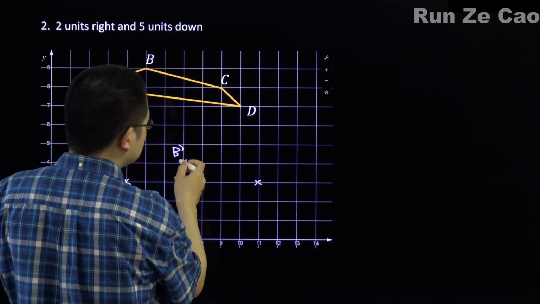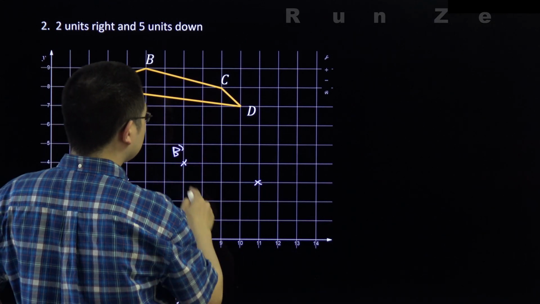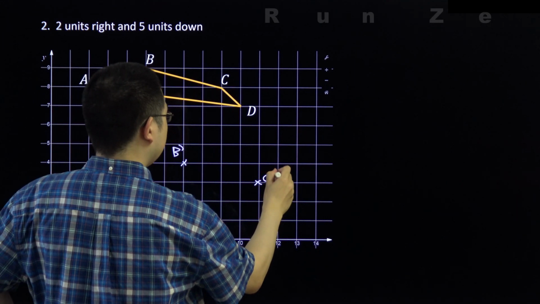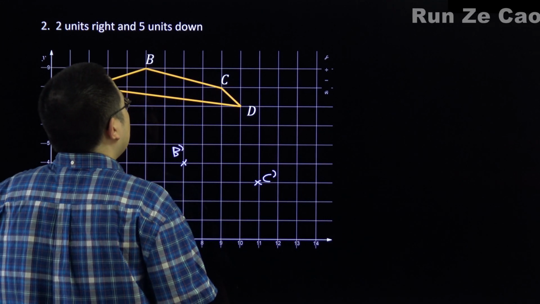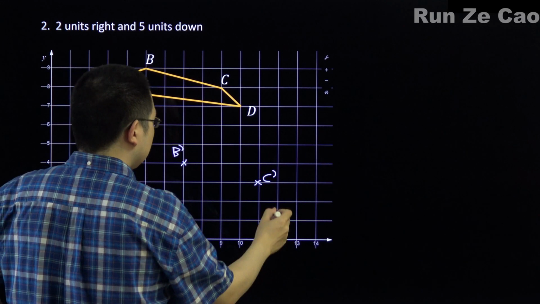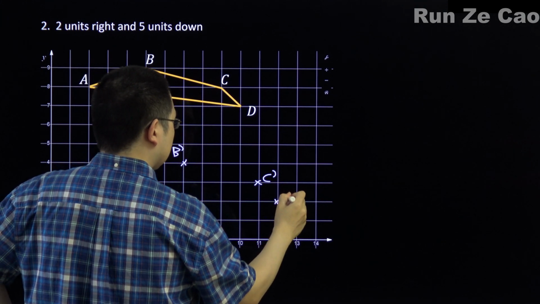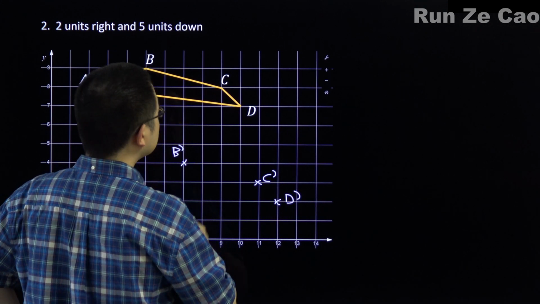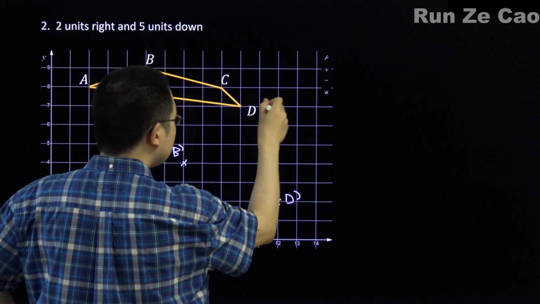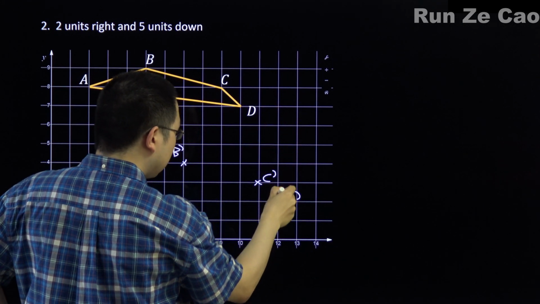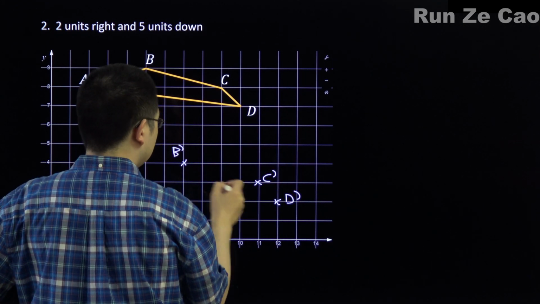C, well, you can reference B and find C prime. And D, you can reference C very easily for D prime. To check, you can go, is this 2 units right and 5 units down? Yes. Okay, good.